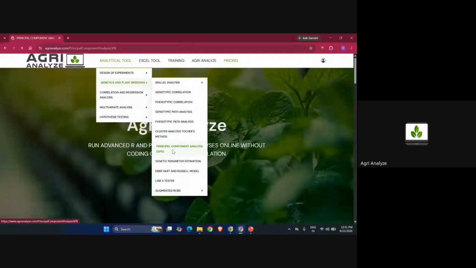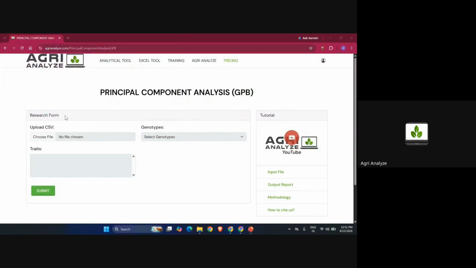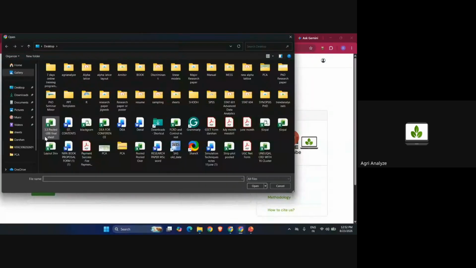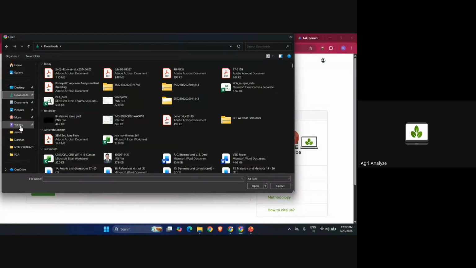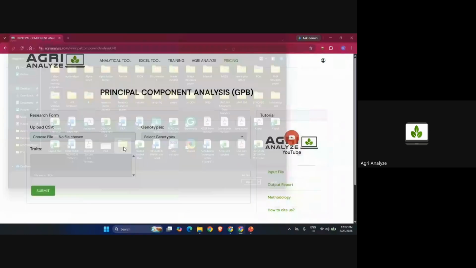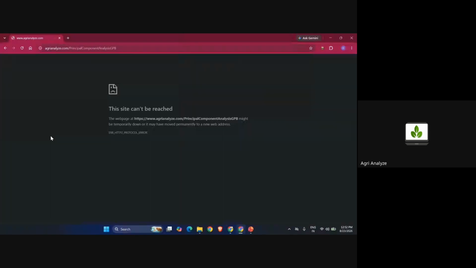Simply click on this icon. The window looks like this. Here you have to upload your data file in only CSV format. Click on choose file. I have also given the dataset in your registered PCA folder.